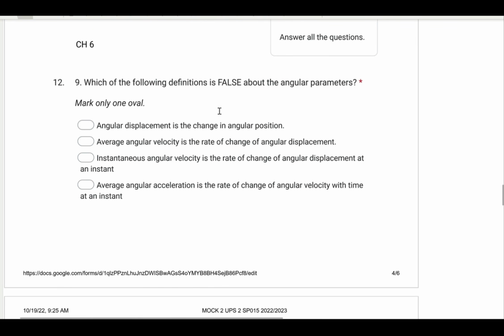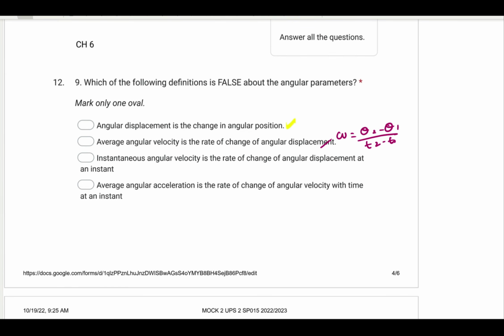Number 9. Which of the following definitions is false about the angular parameters? Angular displacement is the change in angular position. Betul. Okay. Average angular velocity is the rate change of angular displacement. Betul. Omega. Okay, the rate change of angular displacement.